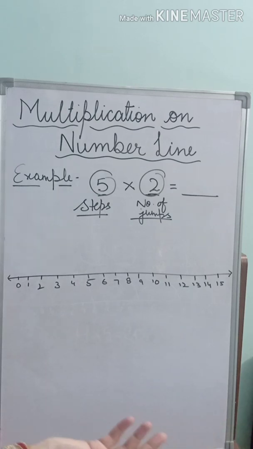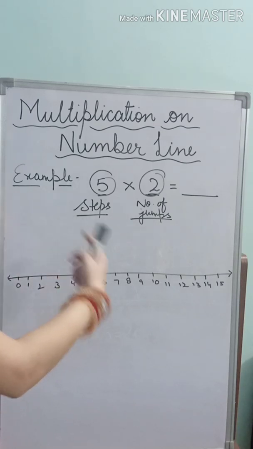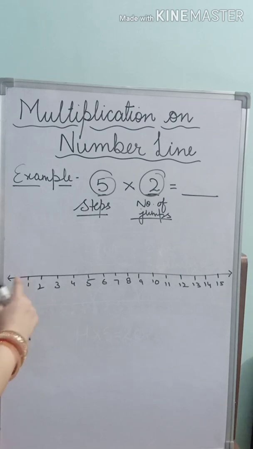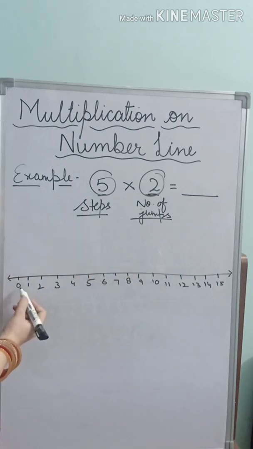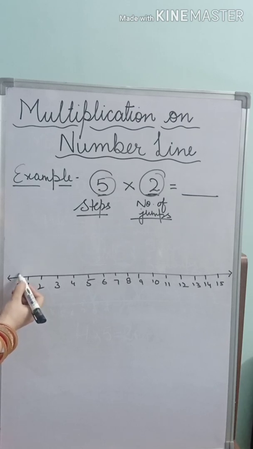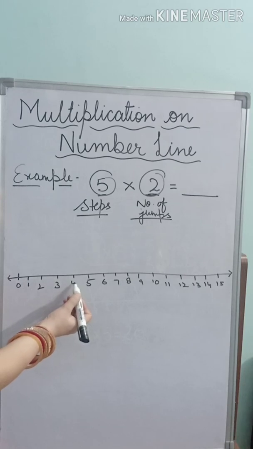So again, what we have to do is start from 0. Starting from 0, I have to move 5 steps ahead. Let's count where we will reach. We start from 0, so 5 steps ahead: 1, 2, 3, 4 and 5.